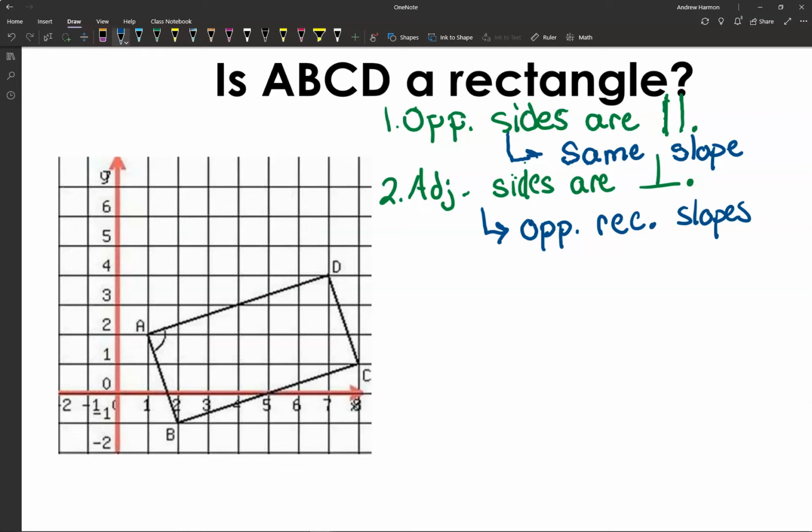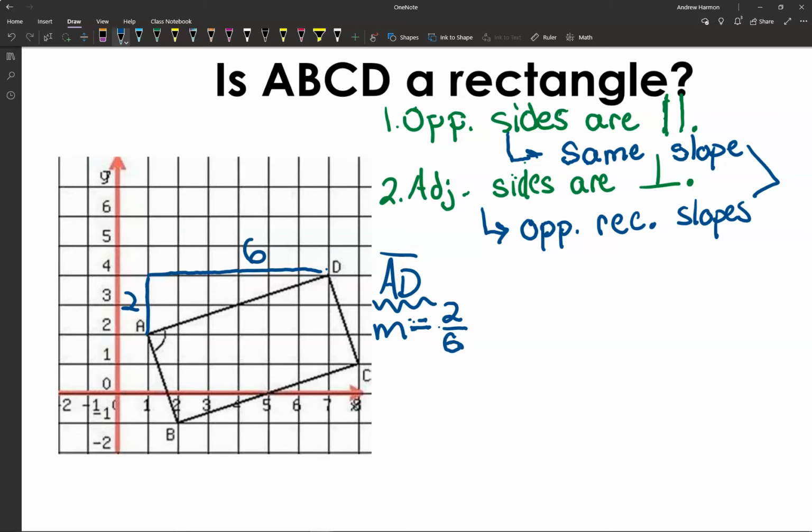Alright, so all we have to do is really then find the slopes of all the sides. So let's get started with that. Let's start with AB. AB has a slope of, and again we just have to find rise over run, so 2 and 6. So AB has a slope of 2 over 6.